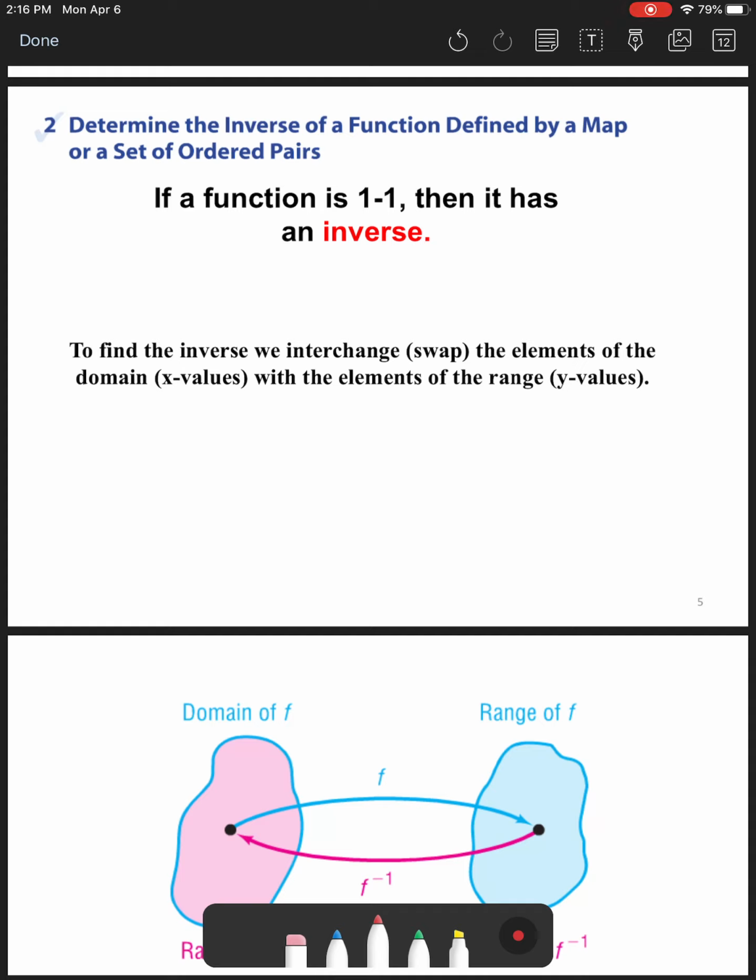To find the inverse, we interchange or swap the elements of the domain with the elements of the range. The elements of the domain are your inputs. The elements of the range are your outputs. Domains are your inputs, range are your outputs.